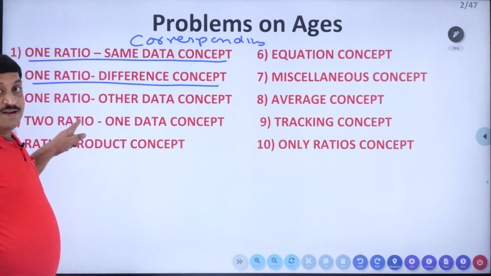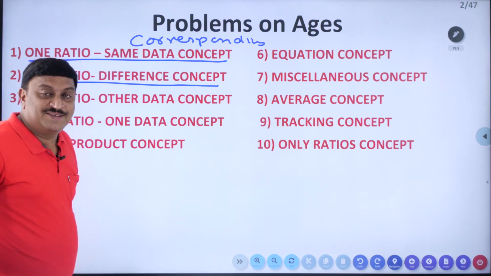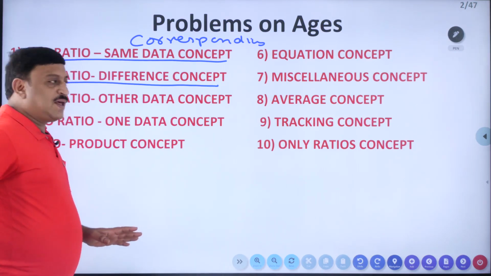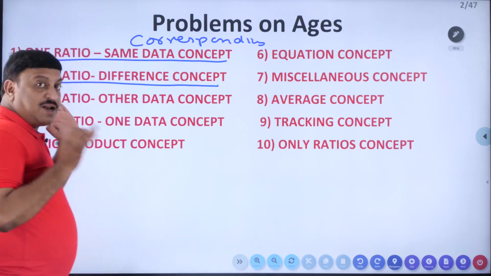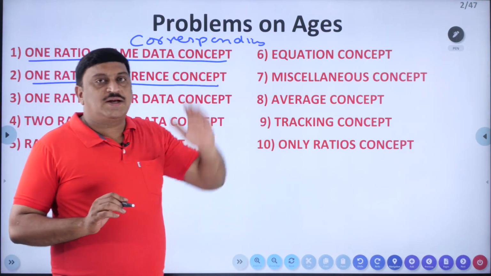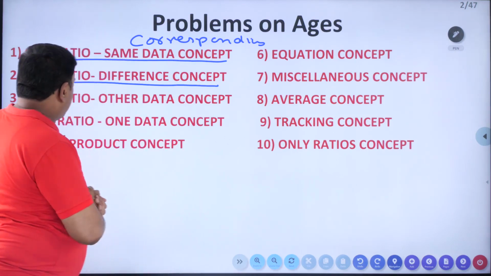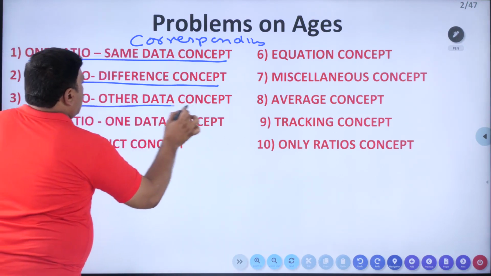But see the third, 1 ratio other data concept. It is not exactly regarding that ratio; other data will be given. What is the other data? I will let you know about this one.